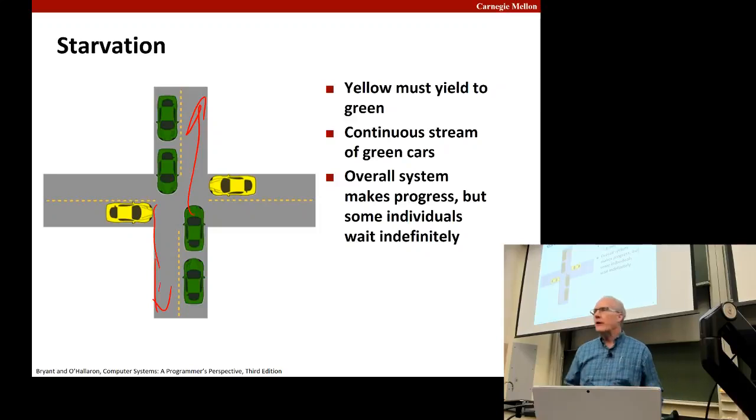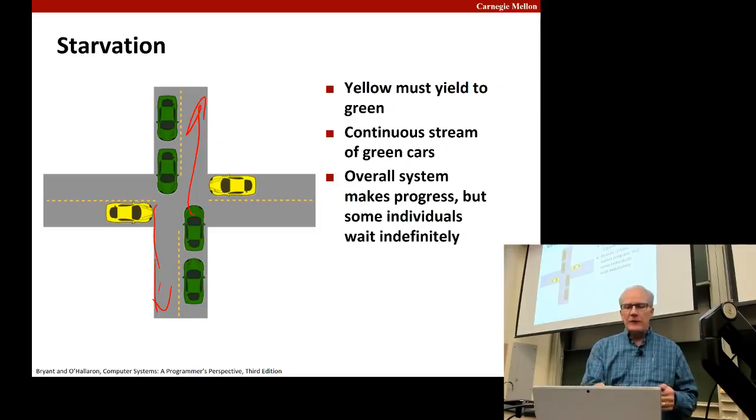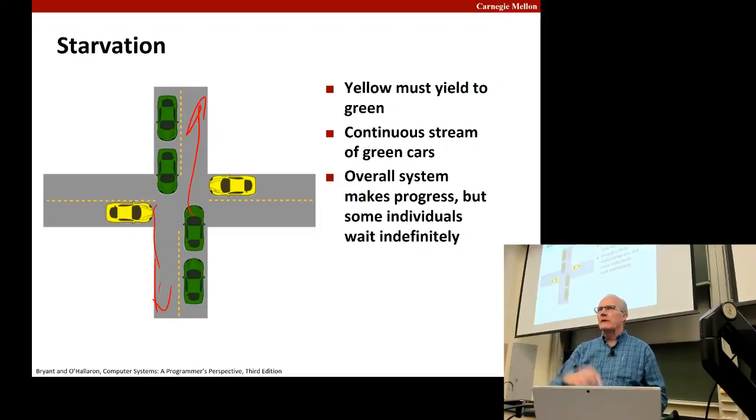And in this crossways, we have yellow cars, and just by convention, they basically have a yield sign. So they have to wait until there's no traffic on the main highway. And so they could wait forever if that green traffic just continues, and the system isn't deadlocked, meaning progress is made. The green cars are going just fine. And it's not an instance of one car versus another. It's effectively the stream of green cars that's doing that.